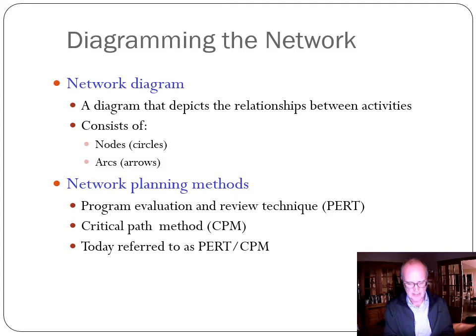So it says these ones are independent or these ones are linked through a precedence relationship, and it consists of nodes, which are circles that represent activities, and arrows or arcs, which connect those nodes, and the arrows indicate precedence relationships. They indicate that these things need to happen in sequence.